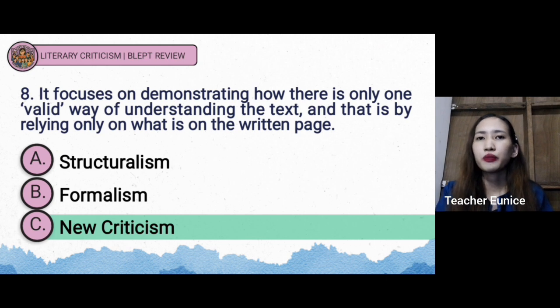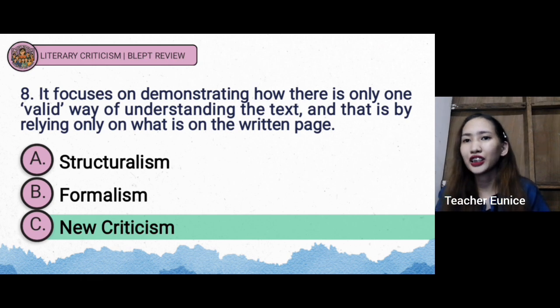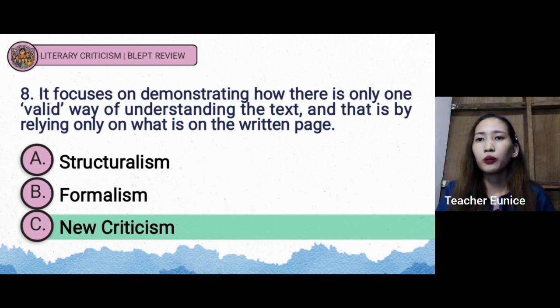And then formalism focuses on the structural features of a text without considering its context or meaning. Both formalism and structuralism have roots in the linguistic theories of Ferdinand de Saussure, but structuralism is more focused on how language is made up of a system of signs and signification.